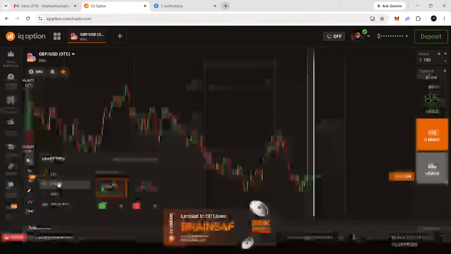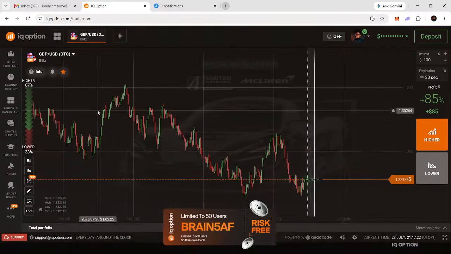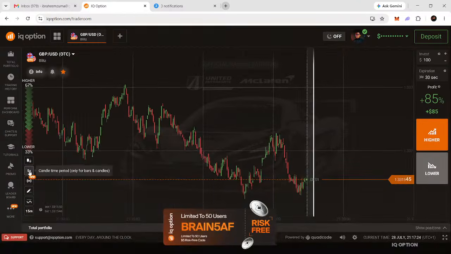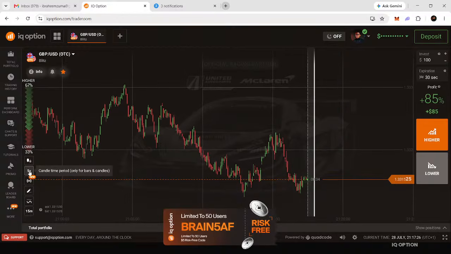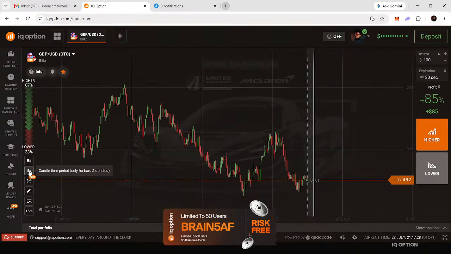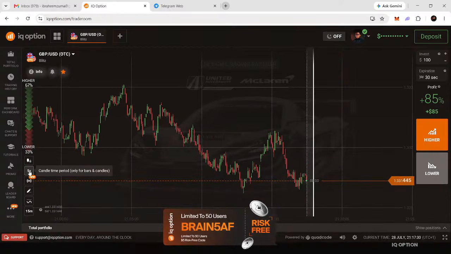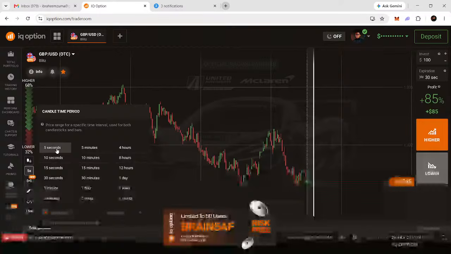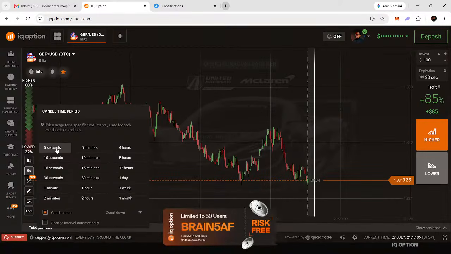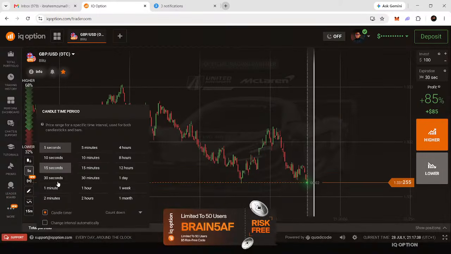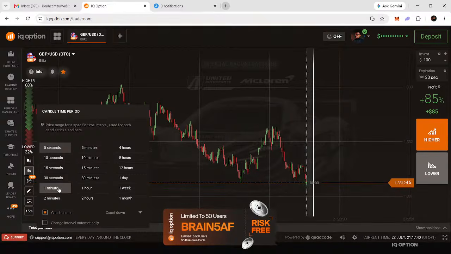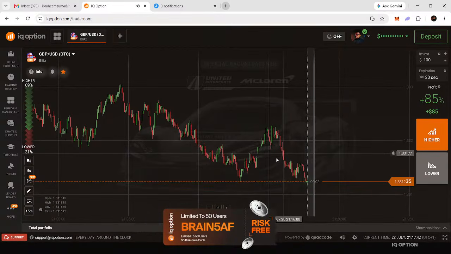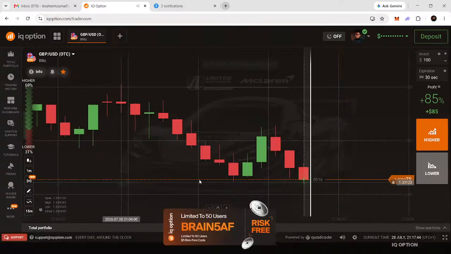After choosing candlestick, come right here to candle time period and click it. You can see that the candlestick opens after every 5 seconds, so we're going to change it to 1 minute so that we can have a clear and clean chart. So here's a 1 minute candlestick.